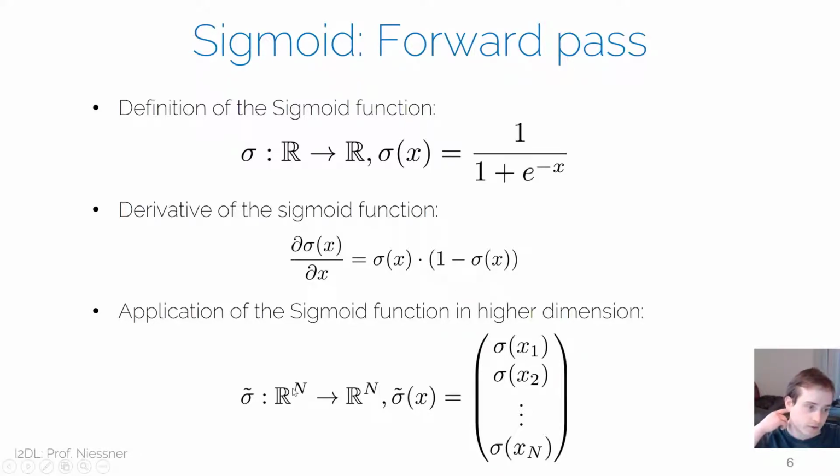So what you do, which you probably all intuitively did anyway, is you just apply the same sigmoid function to each coordinate of your scores after the matrix multiplication. So we call this here sigmoid tilde, and sigmoid tilde is now a function from R^n to R^n.